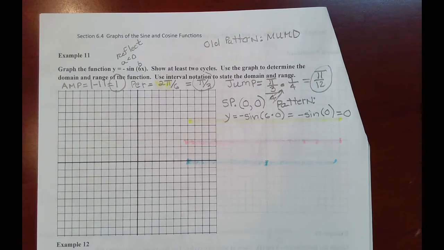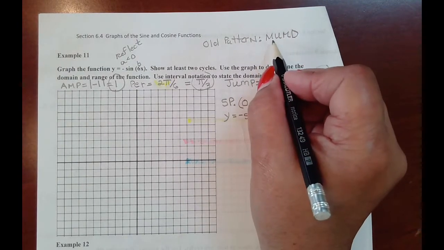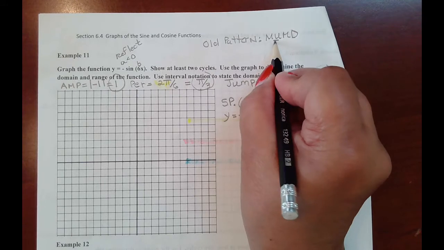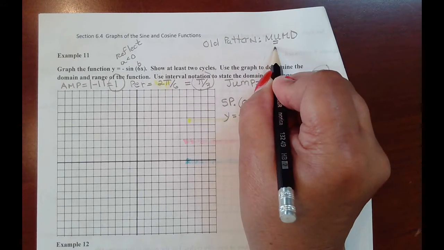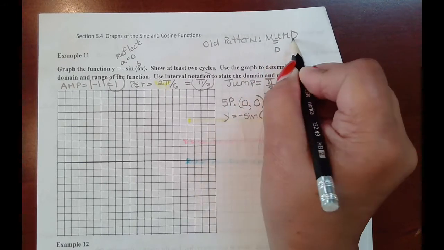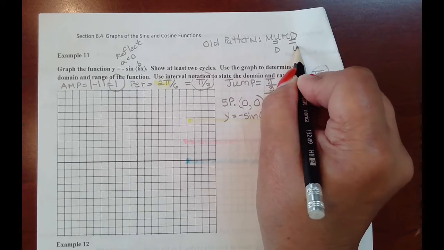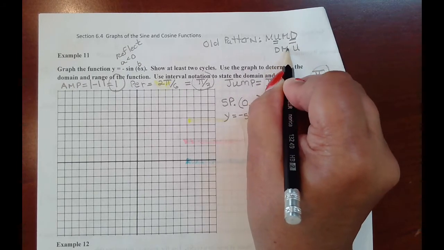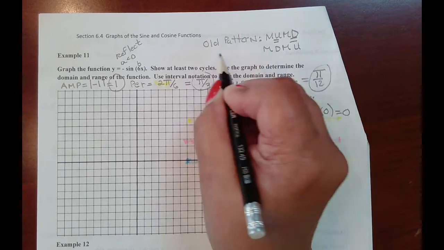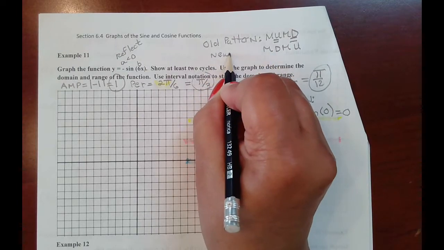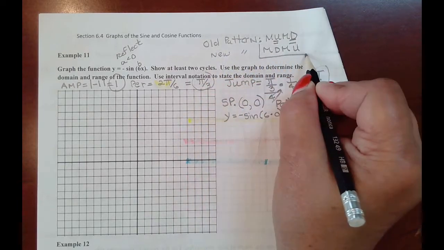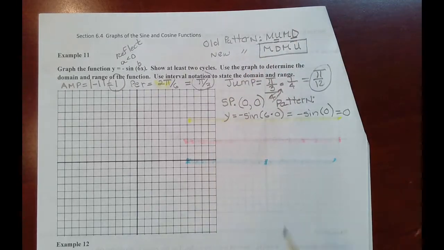But if we're going to start switching the ups and the downs, because you can't switch middle. Middle is middle. But if we reverse the up to a down and we reverse the down to an up, that will flip it over the x-axis. So this is the new pattern that we're going to be using. Middle down, middle up.